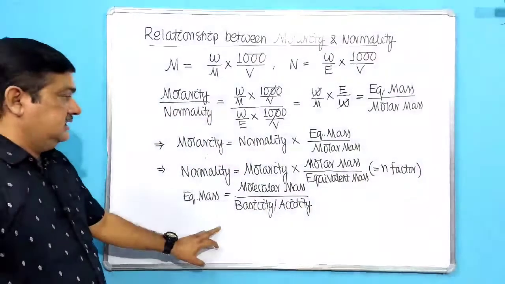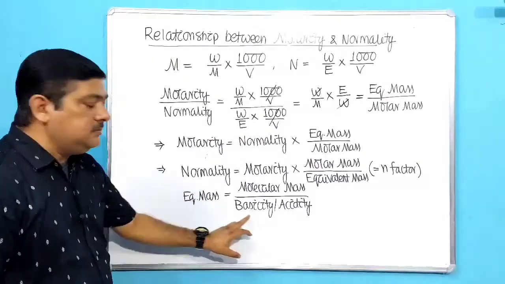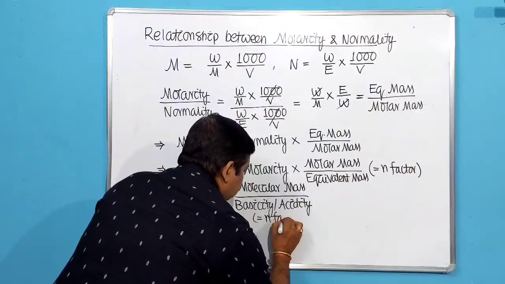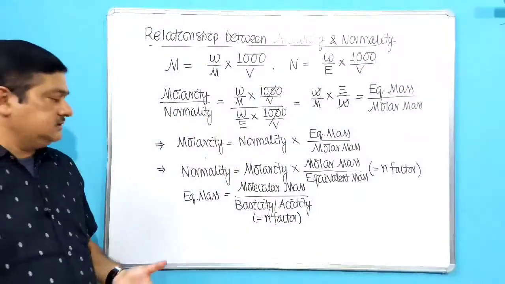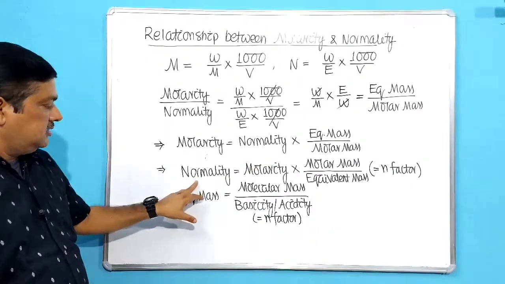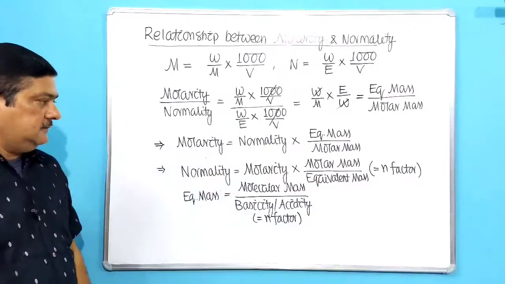So molecular mass by equivalent mass will give you basicity or acidity, which are called n factors. So if we calculate the n factor for an acid, base or salt, you can easily calculate this ratio. So you have to remember normality is equal to molarity into n factor.